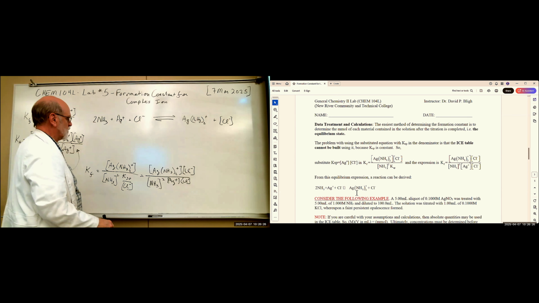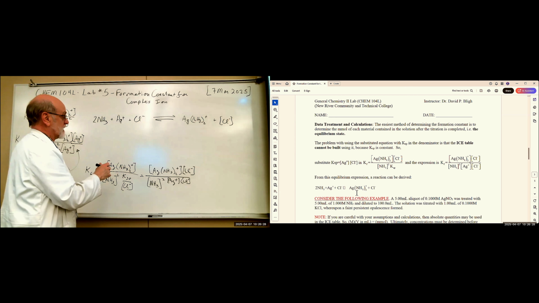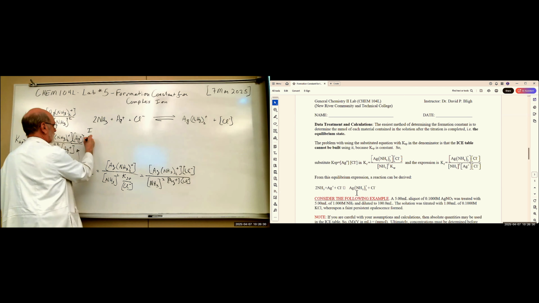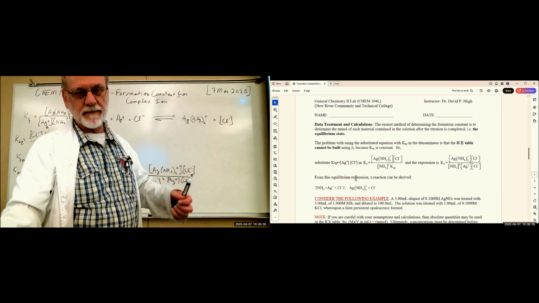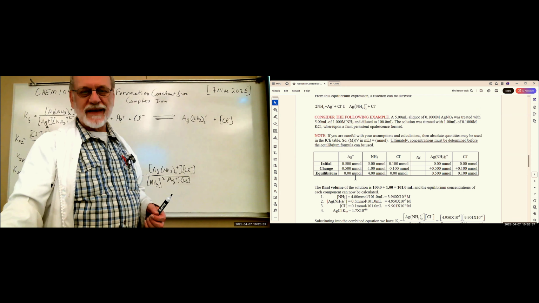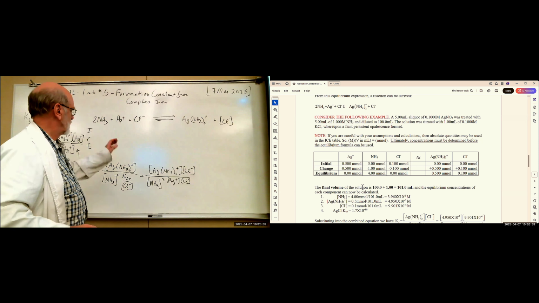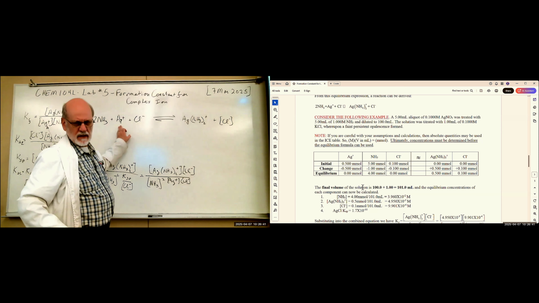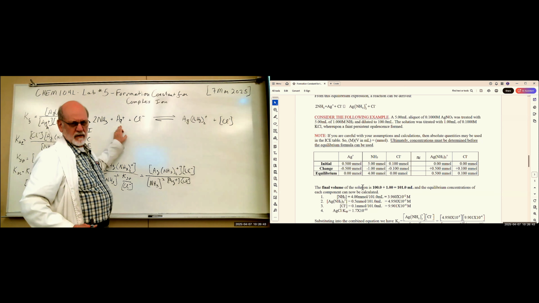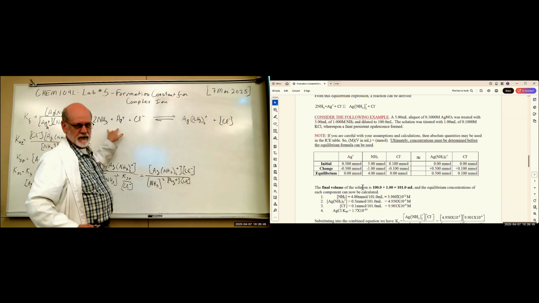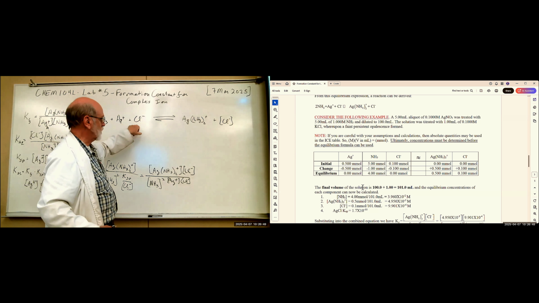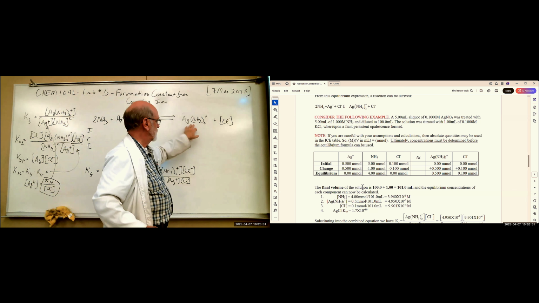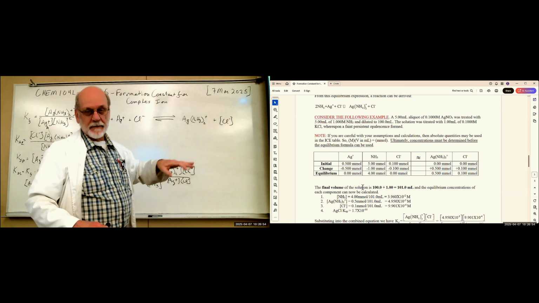Now we can set up an ice table based upon what we actually did in the experiment. All right. So here's the ice table. Silver, well, I got them switched here. Ammonia, silver, and chloride, and this is complex ion and chloride.